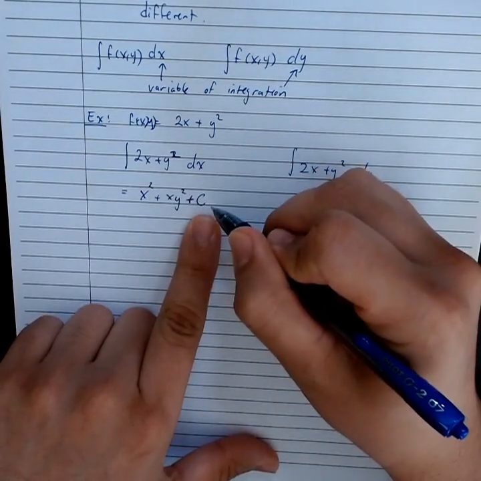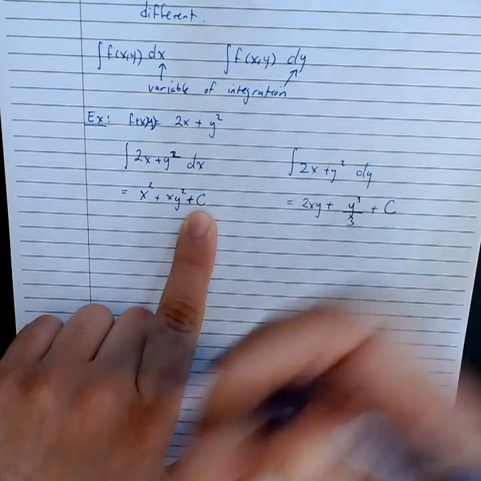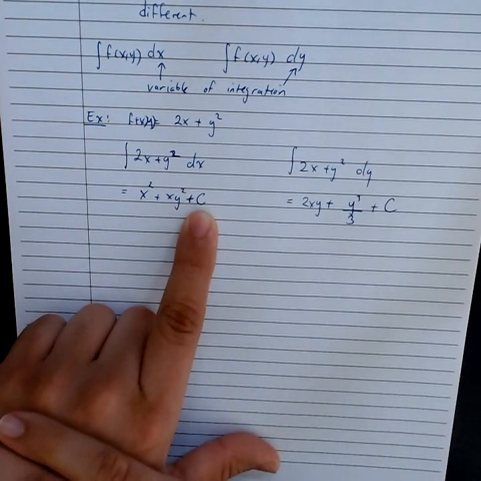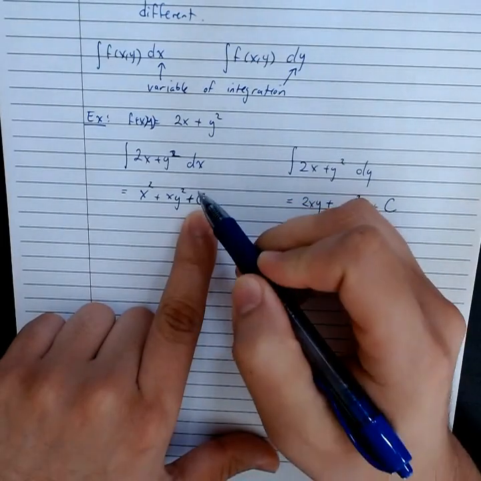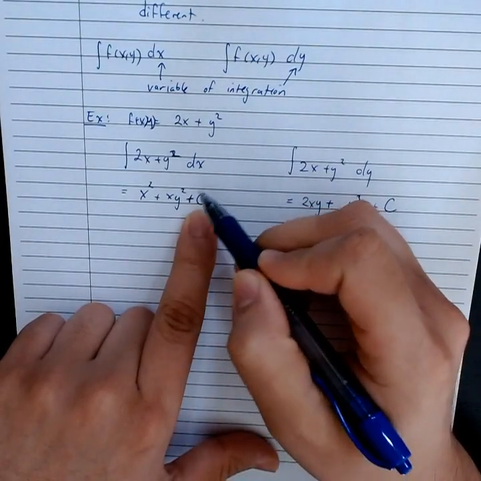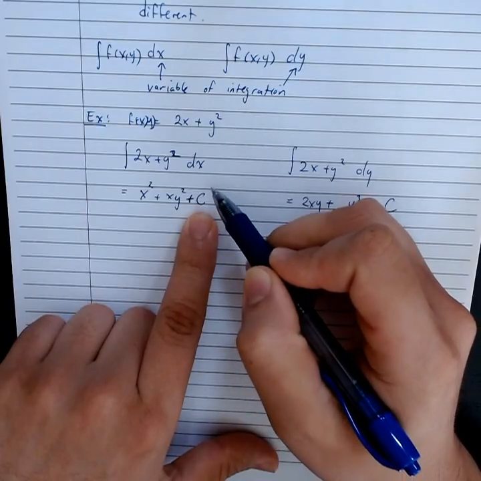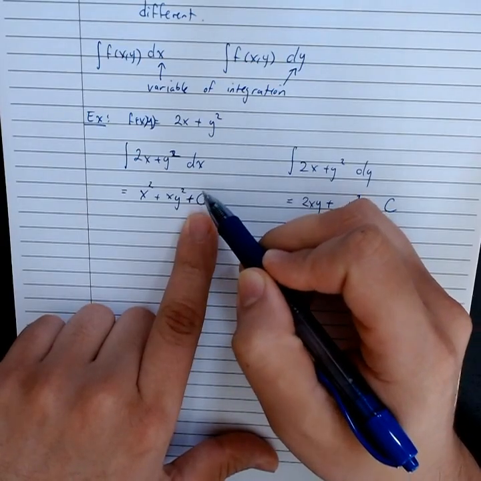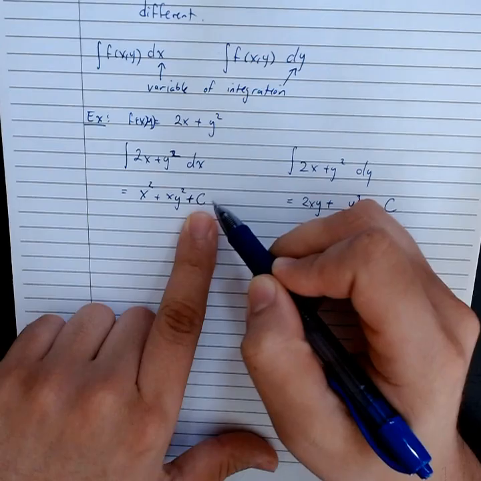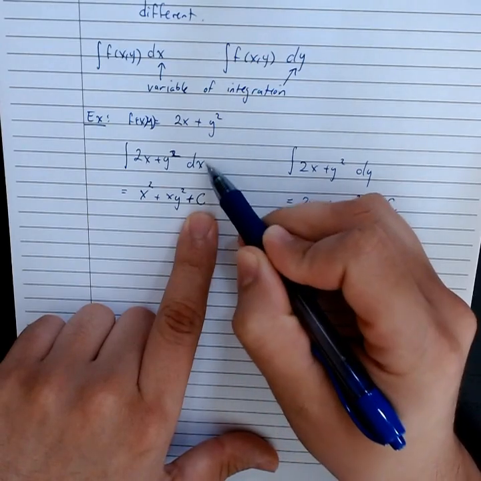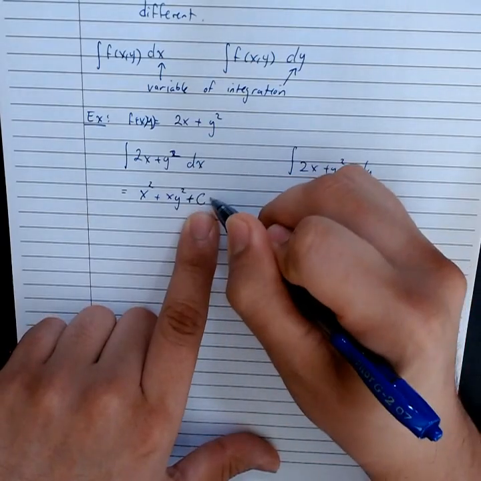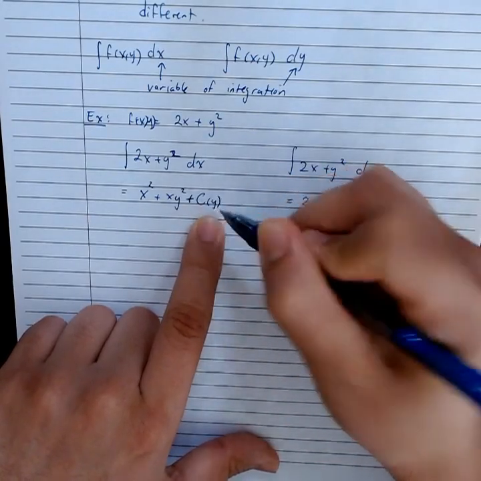So when we say plus c, it might be a normal constant like 12 or -5, but it might also be a constant with respect to this variable. So this might be a number, or it might be a multiple of y, or some combination thereof. This might be 2y plus 5. It doesn't have to be a constant. It just has to be a constant with respect to this. So the way we write this is a constant.